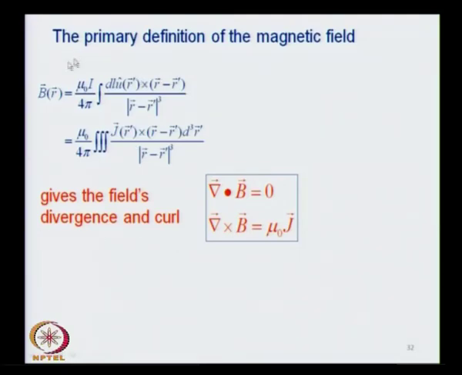So, write down this expression which comes from the Biot-Savart law, get its divergence, you will find that it is 0, and get its curl and you will find that it is exactly mu 0 j. The process of getting the divergence and curl of magnetic field from the Biot-Savart law does not involve any new law of electrodynamics.